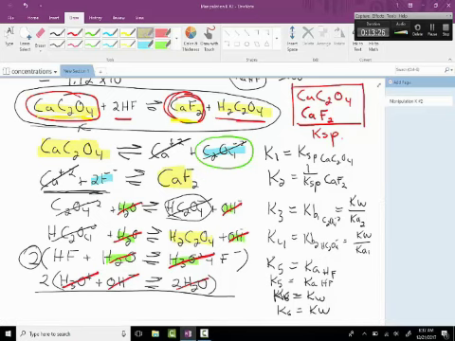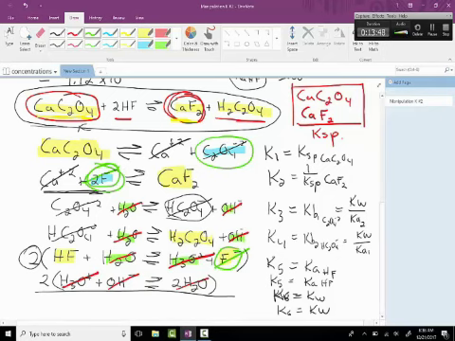Okay, and do I have everything I need? 2 HFs, 2 F minuses, and I've got to cancel that F minus. It shouldn't be in there. Oh yeah, up here I have F minus here and 2 F minus there, so they cancel. That's looking pretty good.